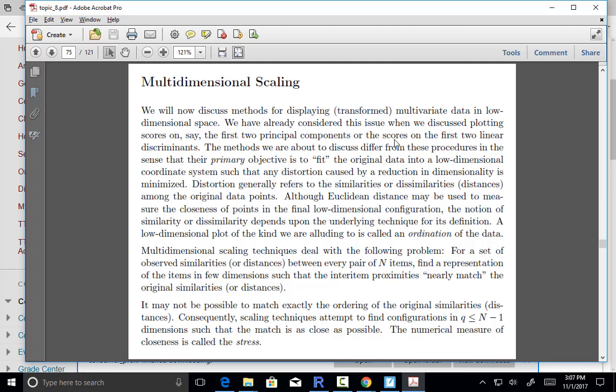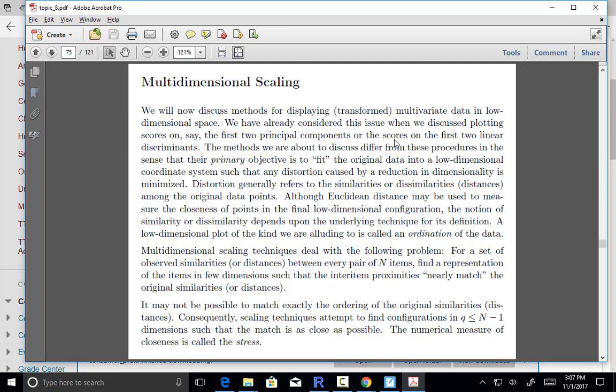I said this a moment ago, but there's this general technique of ordination. Ordination is an umbrella term that refers to the dimension reduction problem. You have too many variables, you want to force it down to a smaller number of variables. You're either interested in doing that for modeling purposes.